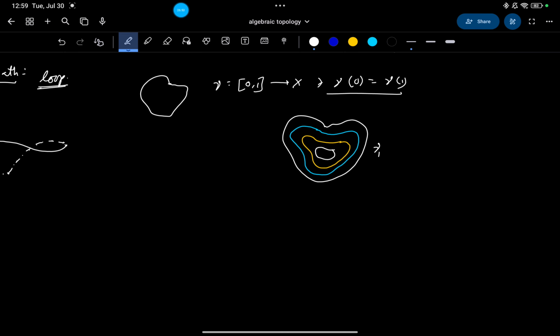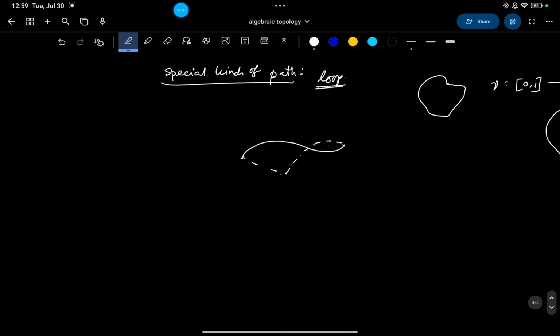You can say that it should look like this, or it may go bigger in region as well, like this one. So we can define homotopy in loops as well.